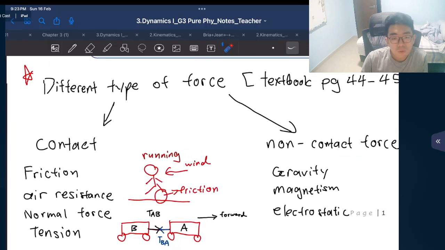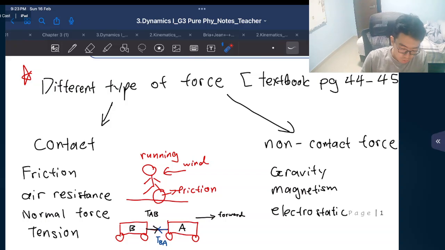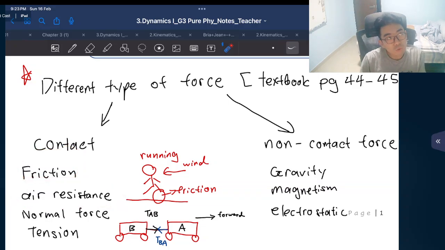I want to highlight the difference between friction and air resistance. Don't mix them up. Friction you see as the resistance when two objects are rubbing together. For example, solid and solid, you have one block of wood, you rub them, you get friction.